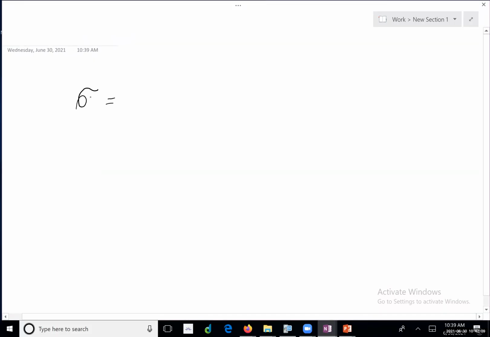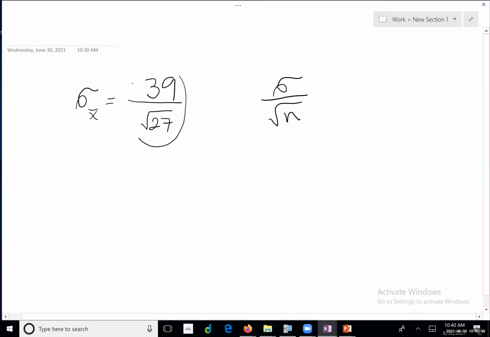If I want to normalize it, if I want to use central limit theorem, the new sigma is the old sigma over square root of n. What was the sigma of man? 39. Yeah, it was 39. Okay, so 39 over root 27. Use your calculator and find that number or use the exact.